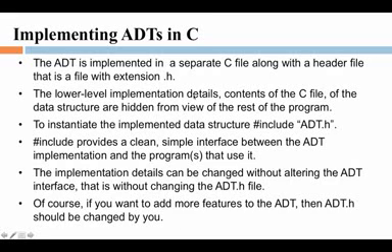So what is the summary of this slide? If you're going to implement an abstract data type in the C programming language, you identify the methods and the data items in the abstract data type. You put the data items in a .h file.